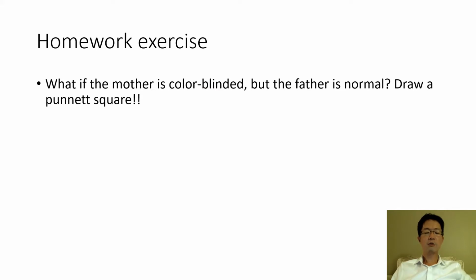This is the homework exercise. I want you to draw the Punnett square to cross a colorblind mother with a normal father. I guarantee that I will test you about this during the exam.